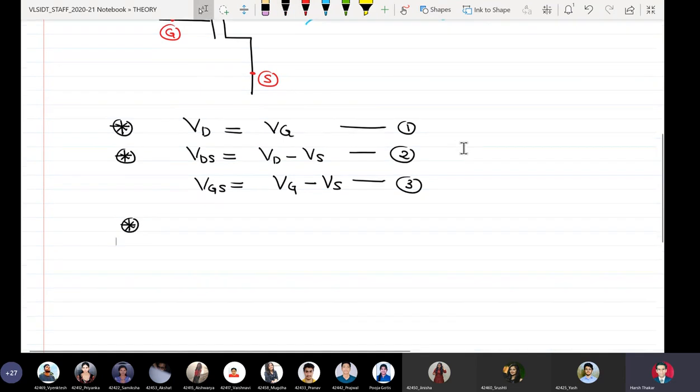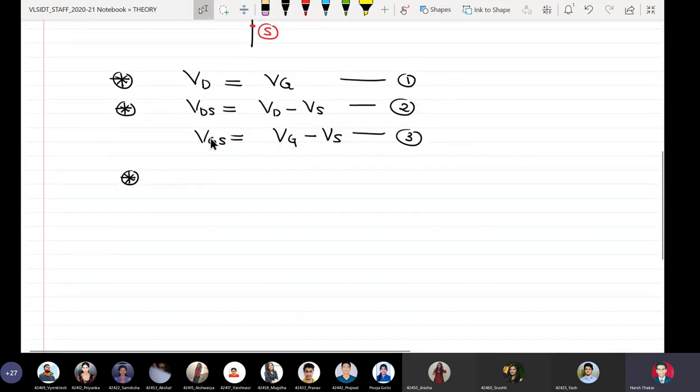So now what do we do? We rearrange equation number 2 and 3 so that we have the term VD on LHS.